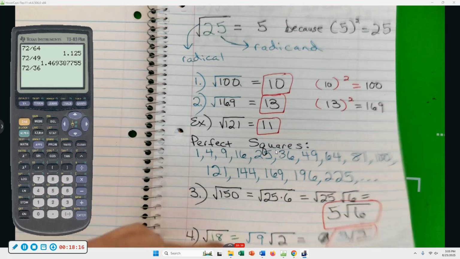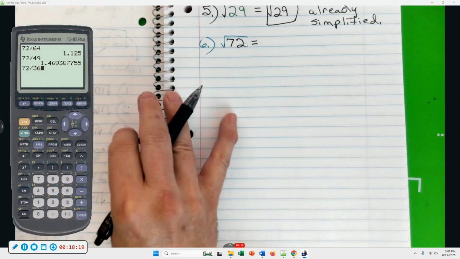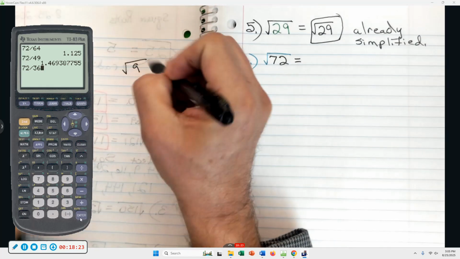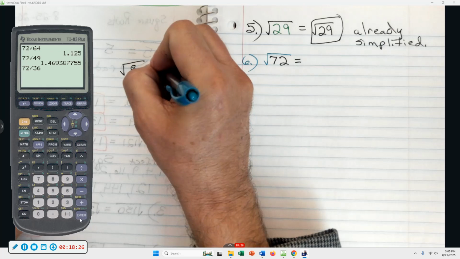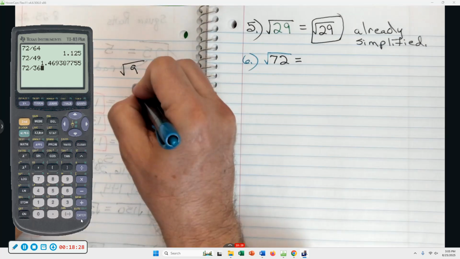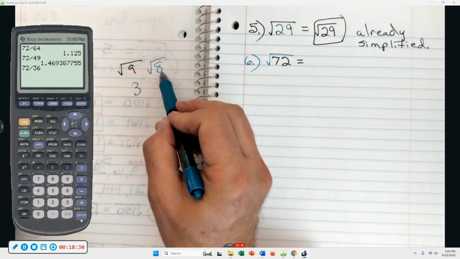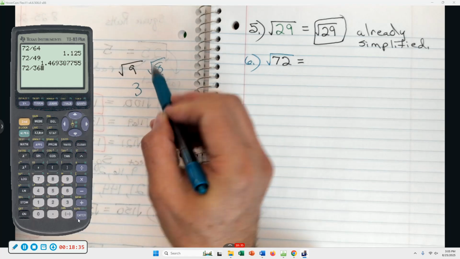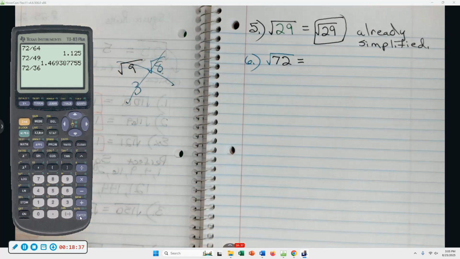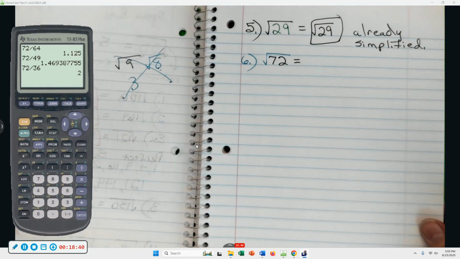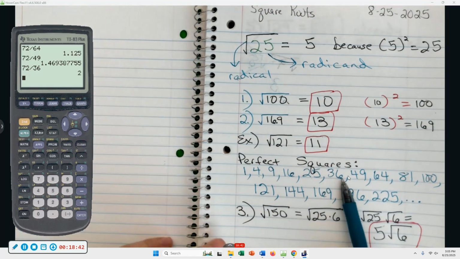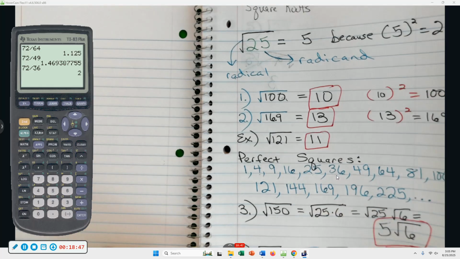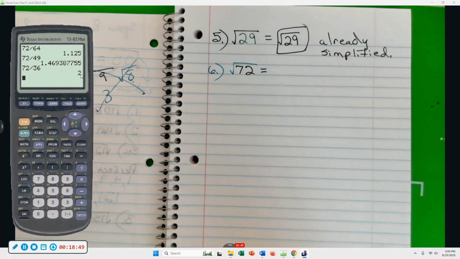So is that clear? You cannot say, well, it's the square root of 9 times the square root of 8. The square root of 9 is 3, but 8 is still divisible by a perfect square. 4 goes evenly into 8. So you cannot use 9. You have to use the biggest perfect square, and the biggest perfect square is 36. 36 times what gives you 72? 2.